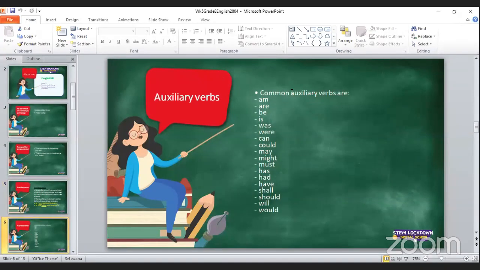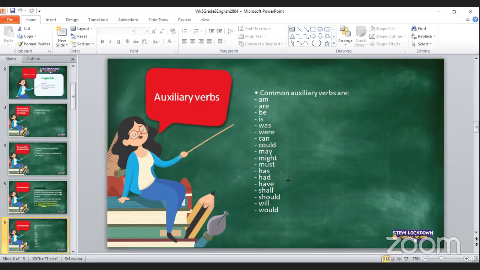So some common auxiliary verbs here they are: am, are, be, is, was, were, can, could, may, might, must, has, had, have, shall, should, will, and would.